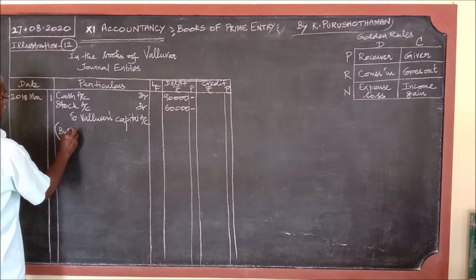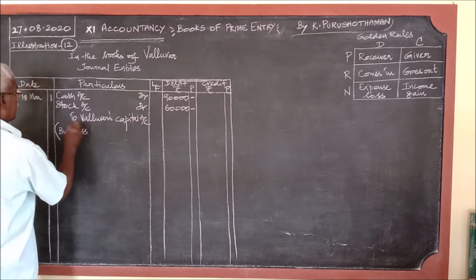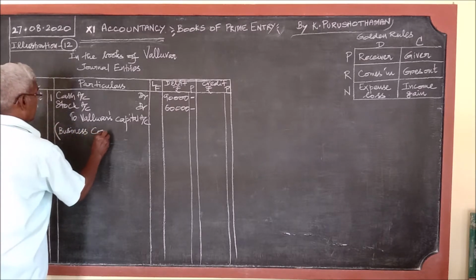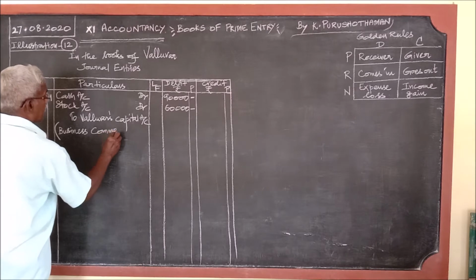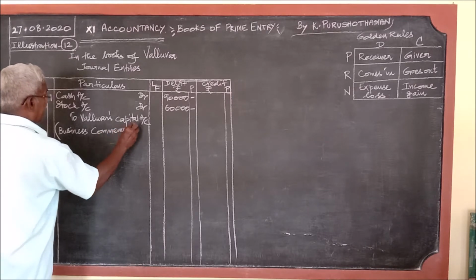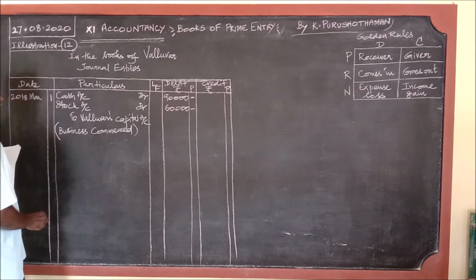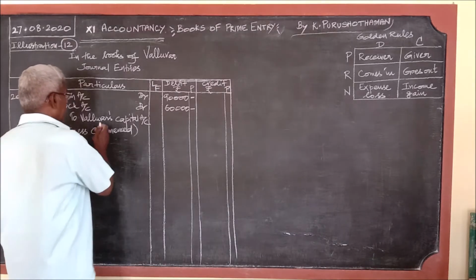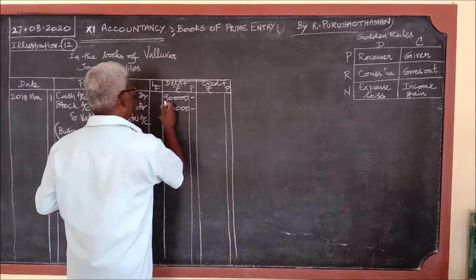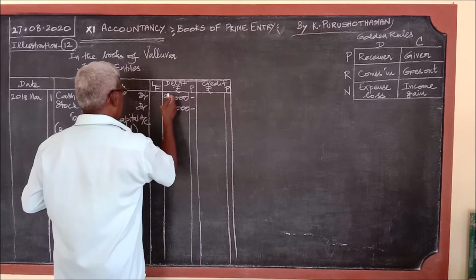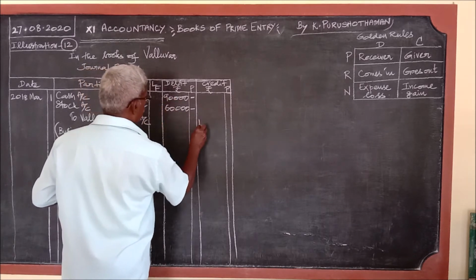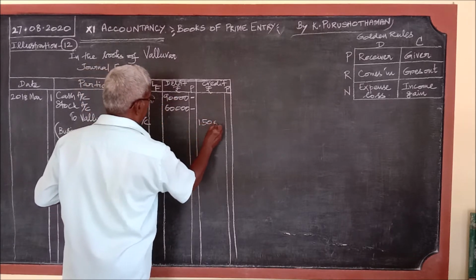Use the words given in the question itself. If it says started, you write business started. Whatever is given, you can write. For the credit, the total of all debits, 90,000 plus 60,000, 1,50,000.